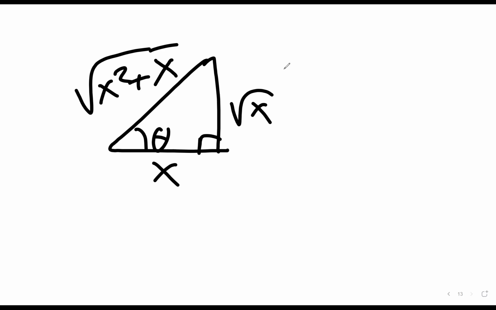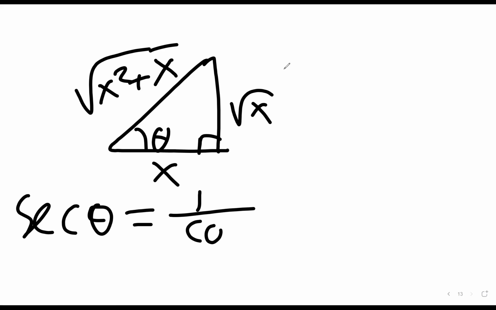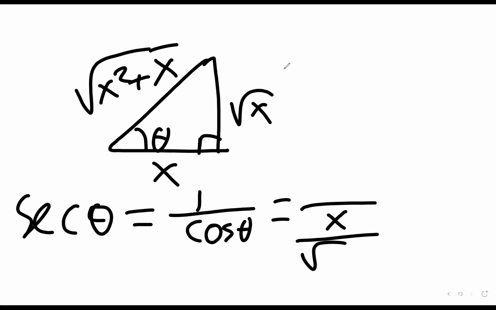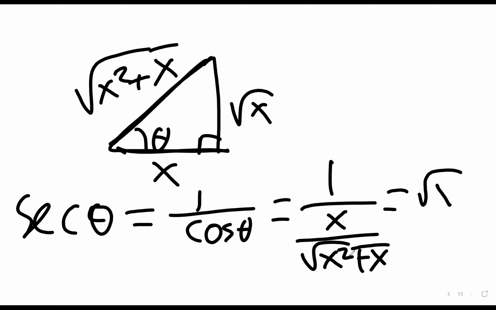Yes, sir. And then secant theta equals 1 over cosine theta. And what is the value of cosine theta? x over square root of x squared plus x, right? x divided by this one. So in the end, I have secant theta equals square root of x squared plus x over x, right?